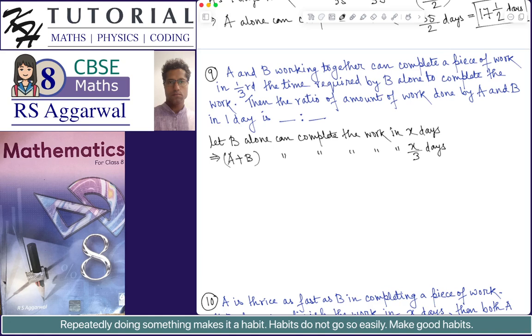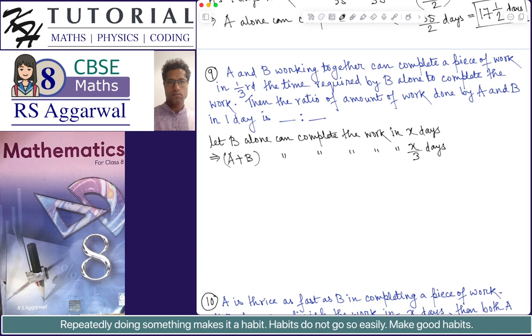Now it is asking the ratio of amount of work done by A and B in one day.